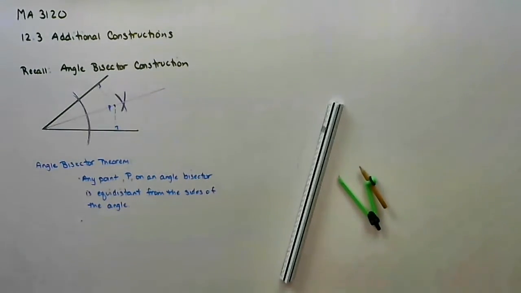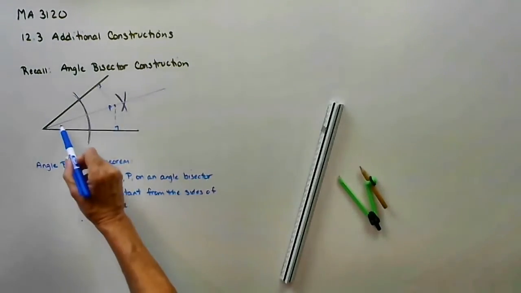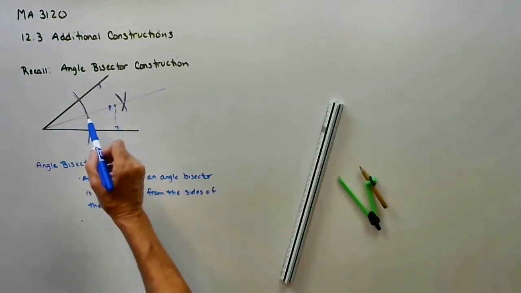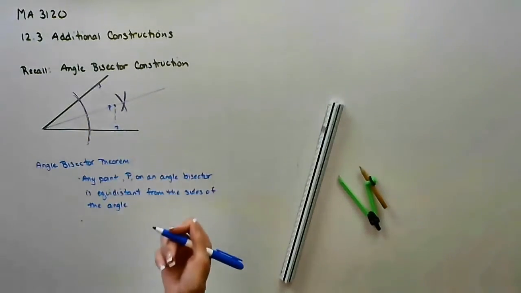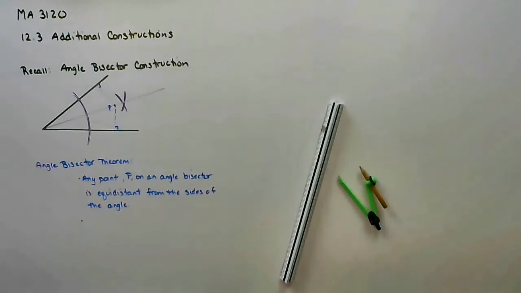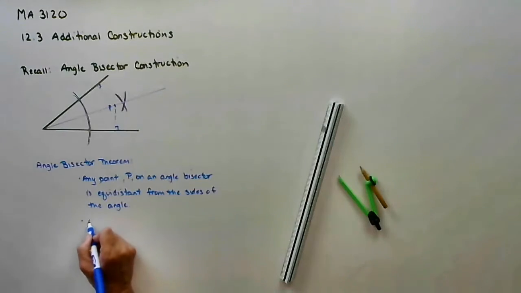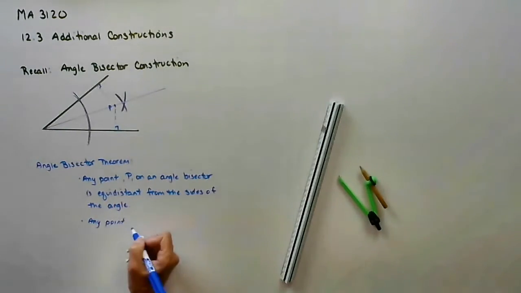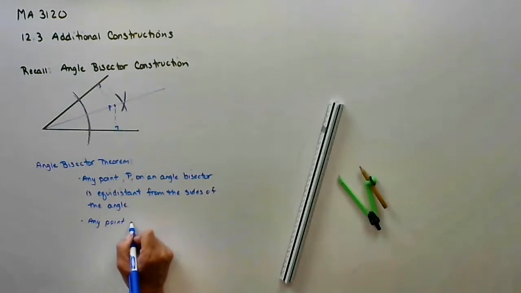And conversely, any point on the interior of an angle which is equidistant from both sides lies on the angle bisector. Make sure you put on the interior of an angle.